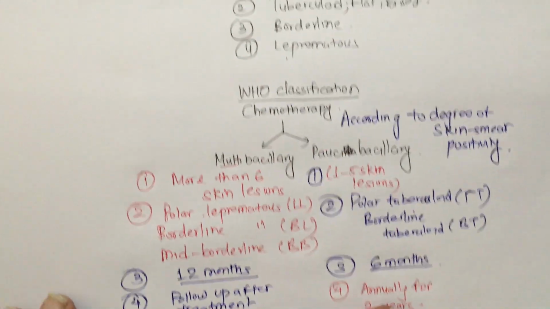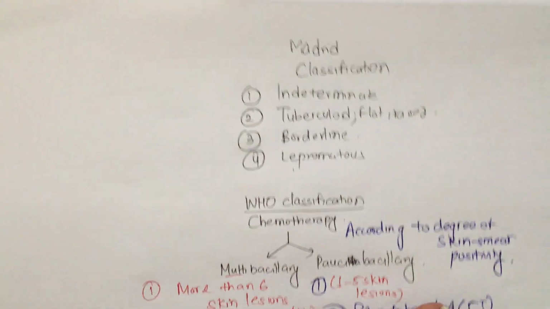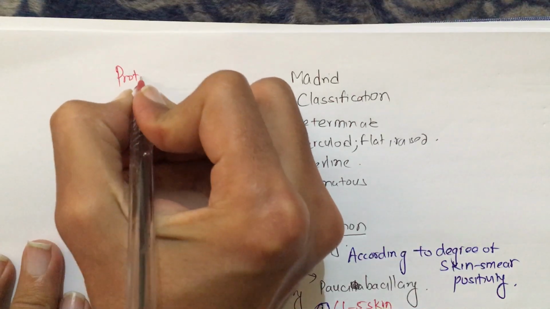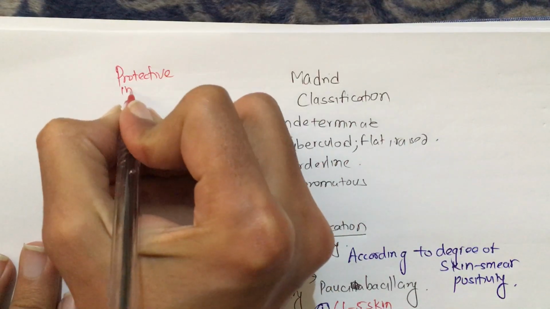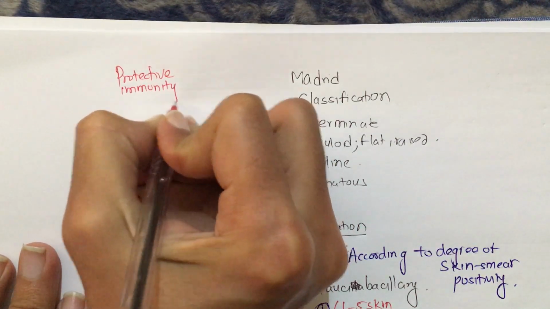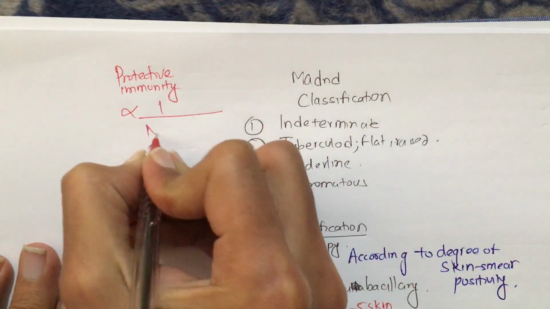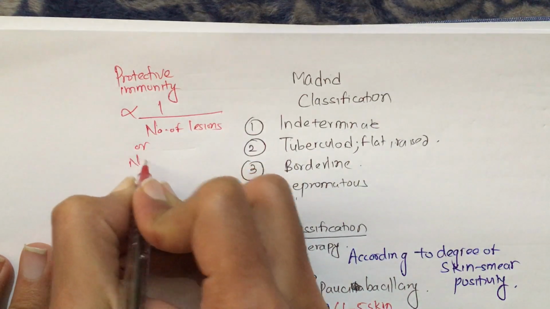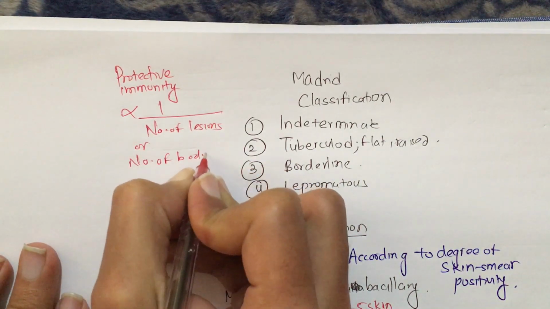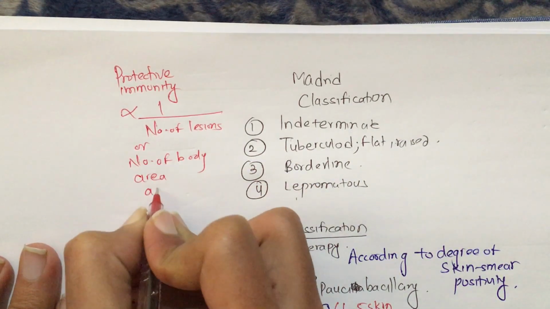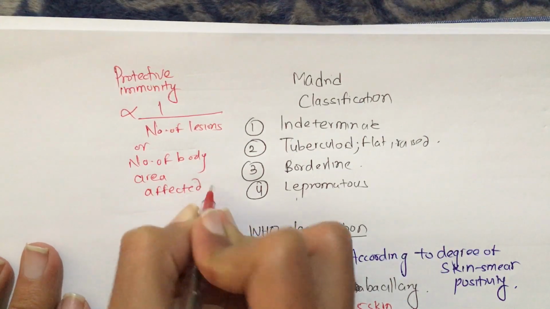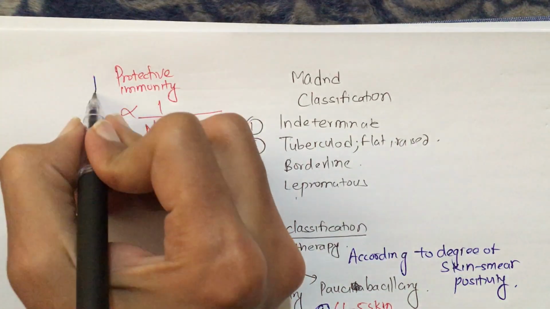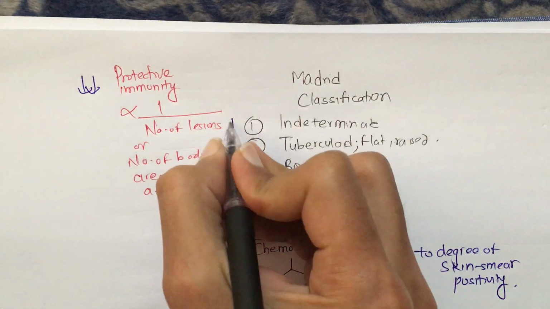Okay, so this classification is based on the fact that protective immunity is inversely proportional to the number of lesions or the number of body areas affected. That means when the protective immunity is less, the skin lesions are more.